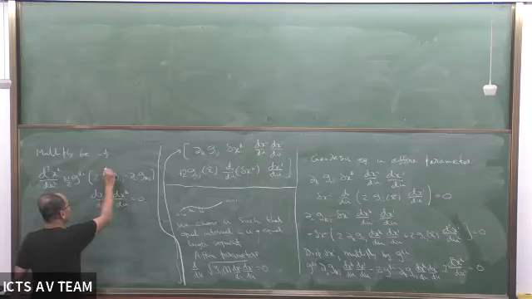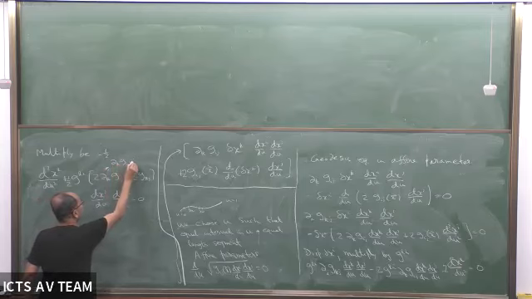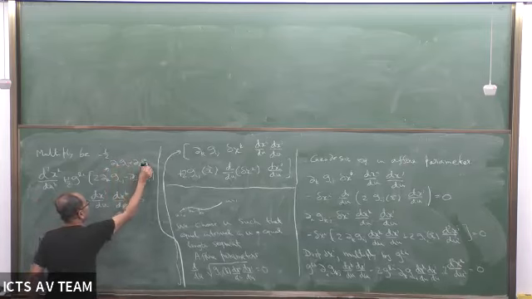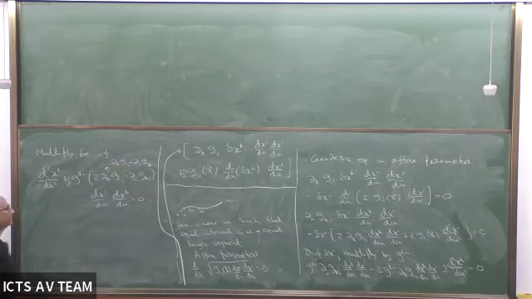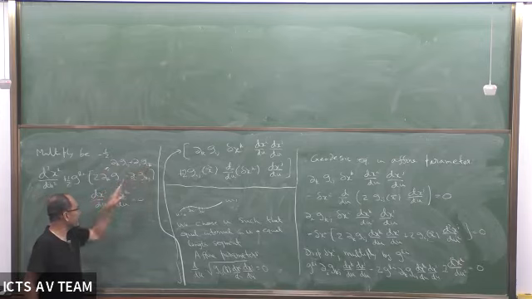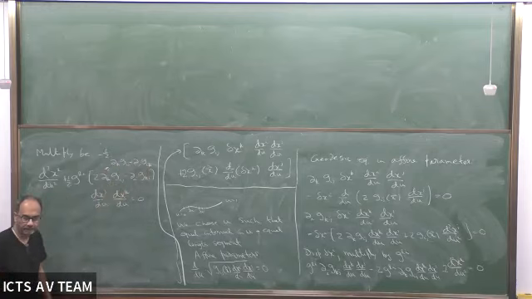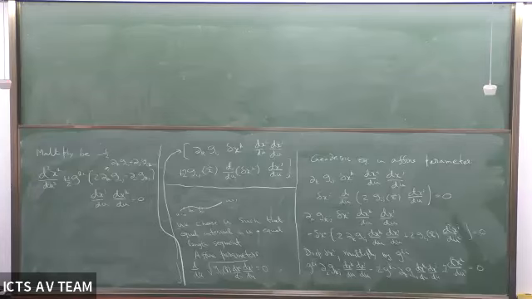So this one I can replace by, in the second term, I can just exchange J and K. Exchanging J and K here has no effect. Then this will become the same as the first term, which will give you this. Is this clear?